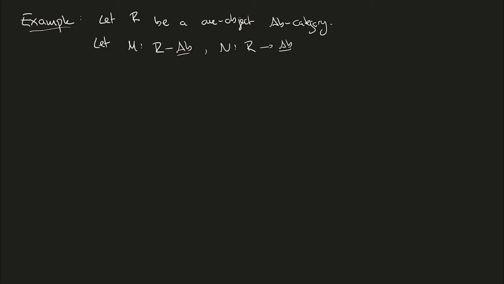We let R be a one-object Ab category, and we let M from R to the category of abelian groups and N from R to the category of abelian groups be Ab-functors.